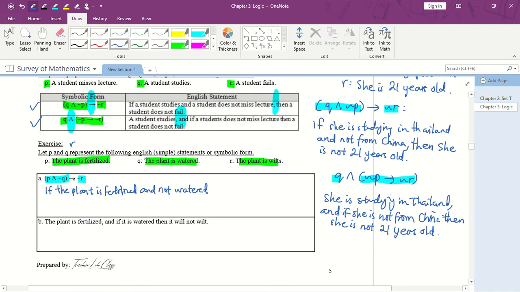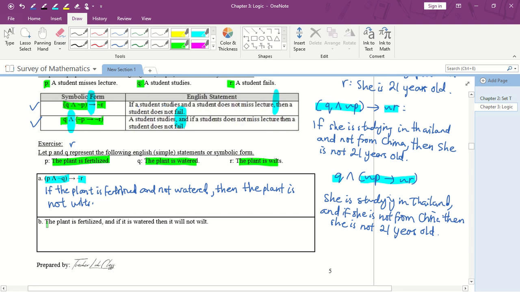Of course, this is done, so we put a comma and put the word "then" negation R and then the plant is not wilts. Okay, it's kind of easy, right? So just follow the steps. And let's look at the next one.